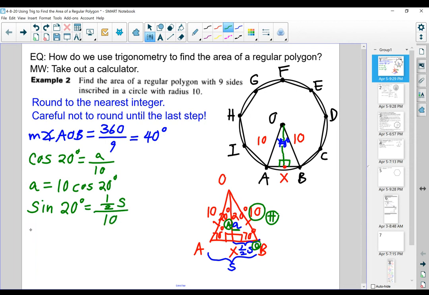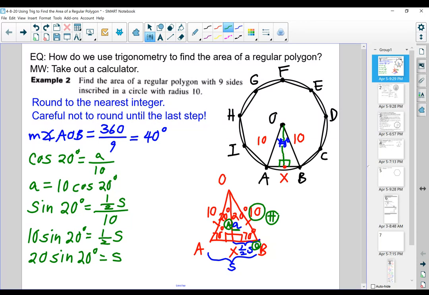So that would be 10 sine 20 degrees equals half s. And if you multiply 2 on both sides, that would give us 20 sine 20 degrees, which is the length of one side of our nonagon, which is s.